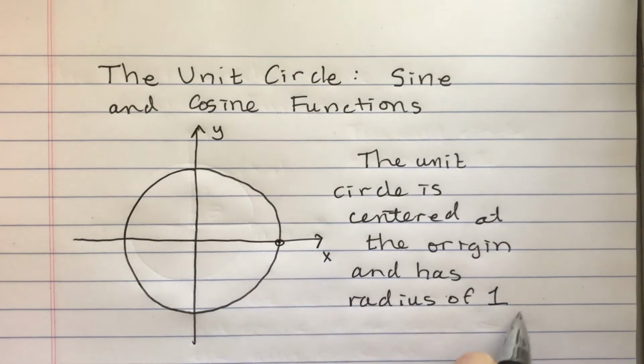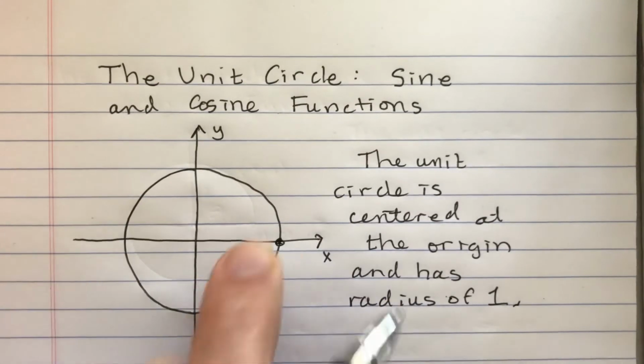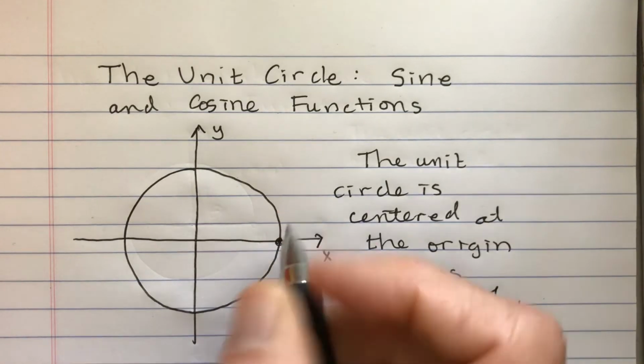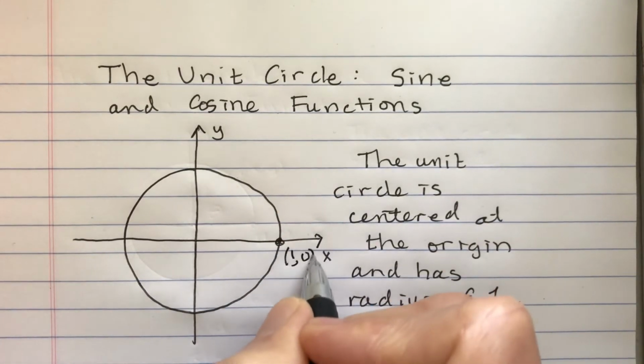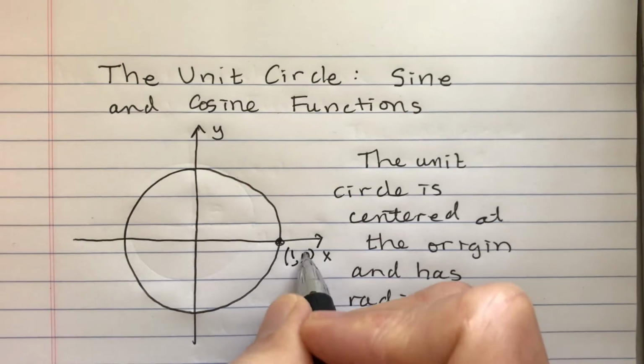And because the radius is 1, the point that I'm showing right here will be (1, 0), because we go 1 to the right and 0 up or down.